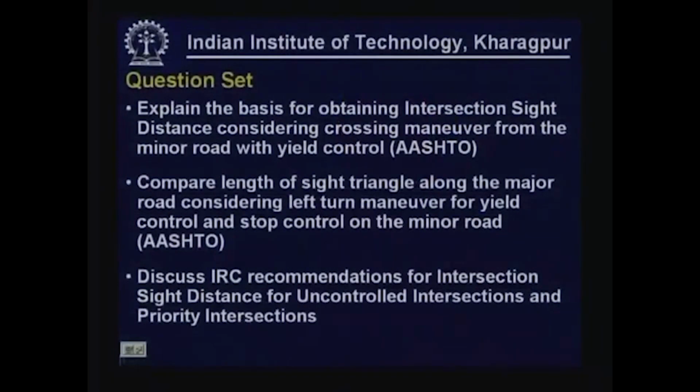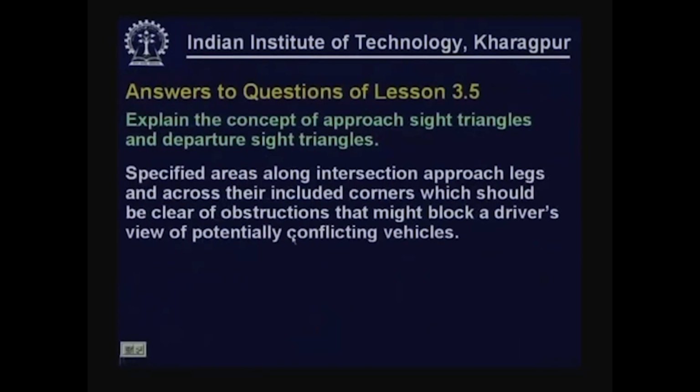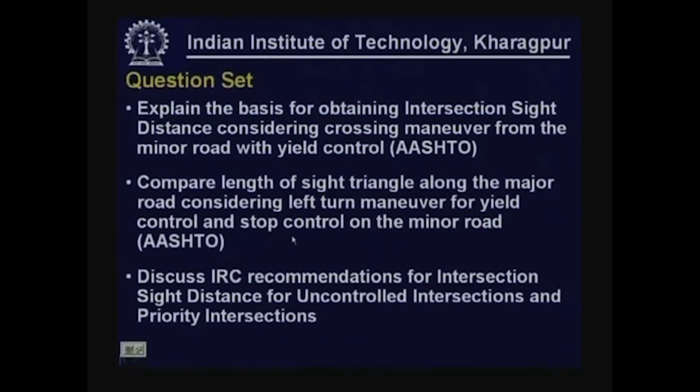Number 2, compare the length of side triangle along the major road considering left turn maneuver for both yield controlled intersection and stop control on minor road. Compare their lengths. Third, discuss IRC recommendations for intersection side distance for uncontrolled intersections and priority intersections. So, try to answer these questions.